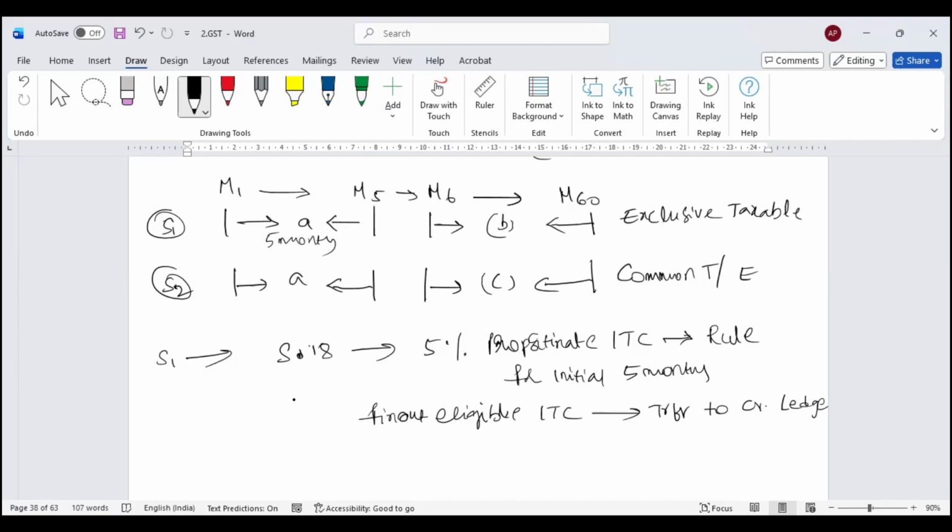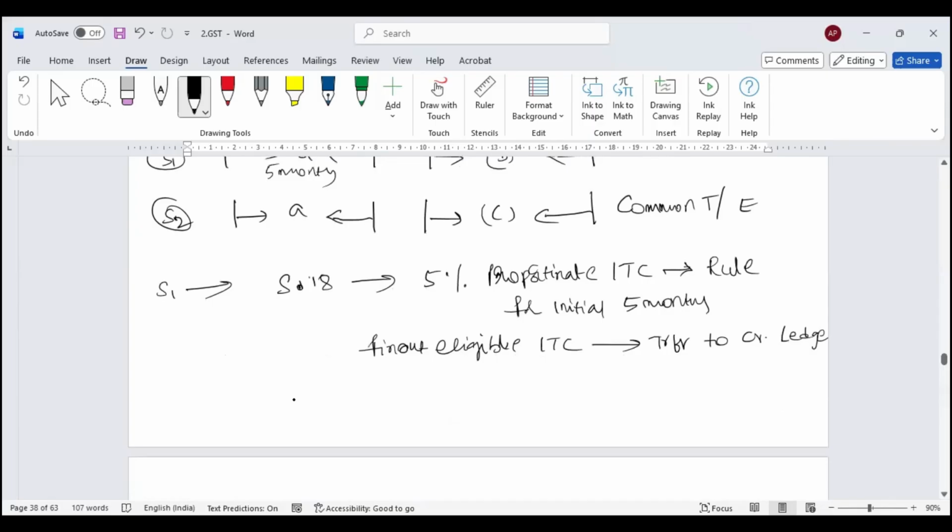of that 5%. Now, when I say 5% proportionate per quarter, 5 months will be rounded off to 6 months, 2 quarters. So whatever input tax credit is there, assuming I have a credit of 1,20,000, 1,20,000 divided by that 60 months, 60 divided by 3, I get 20.